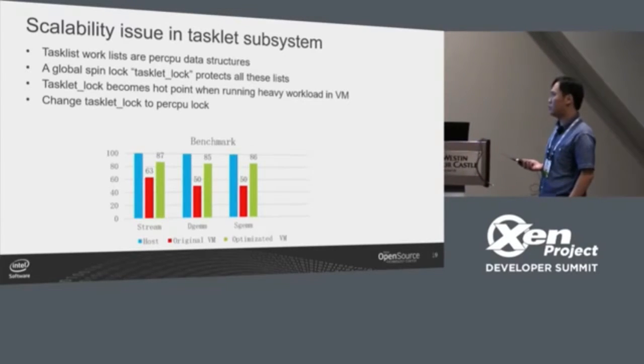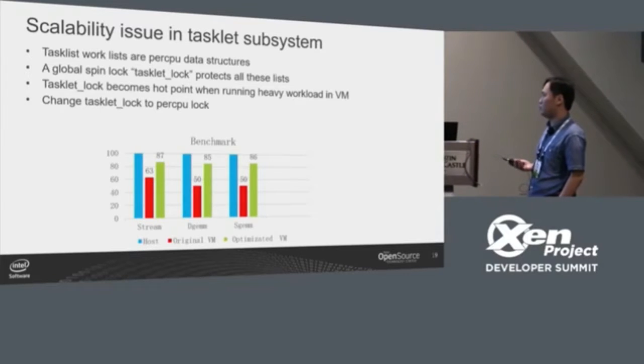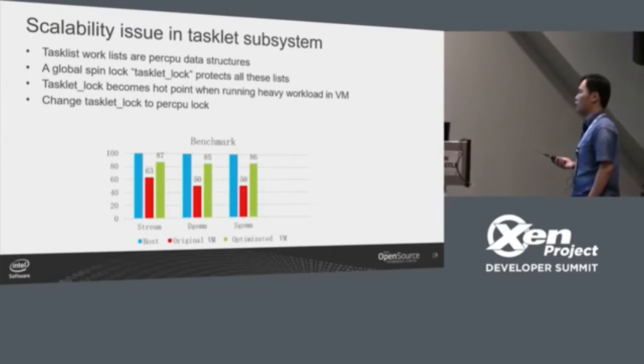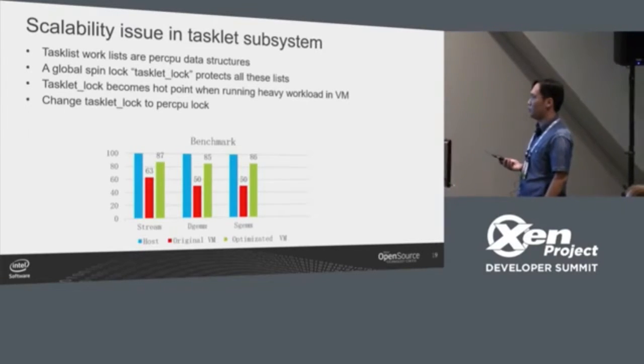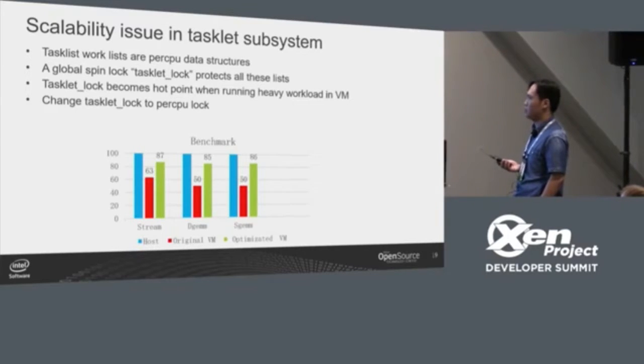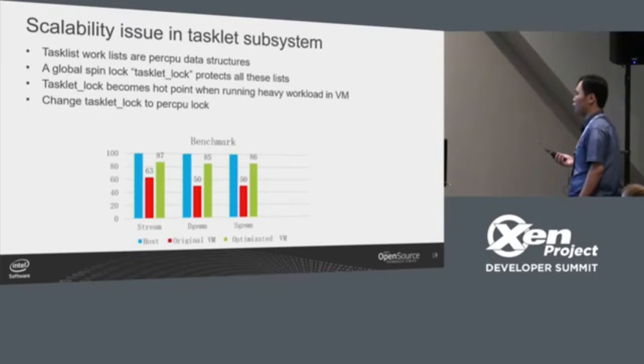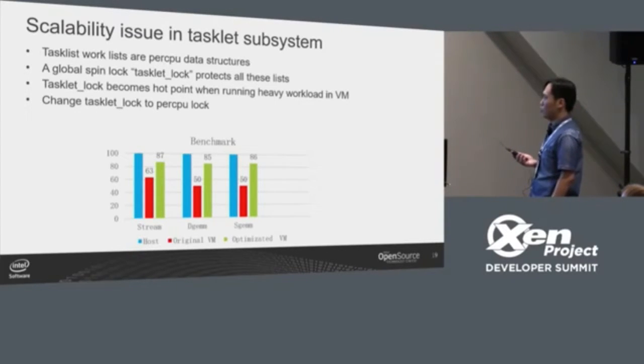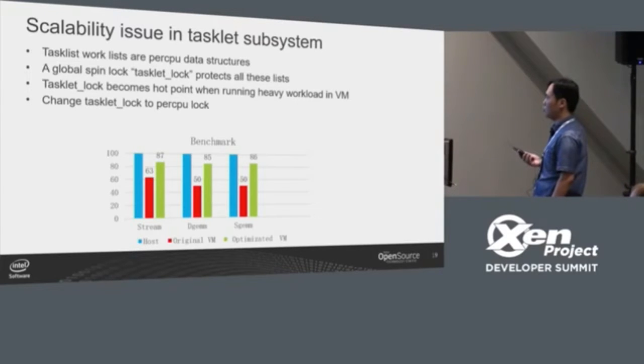We test the performance in the VM via three kinds of benchmarks. Stream is a benchmark to test the memory bandwidth. We test MCDRAM bandwidth via this benchmark. And DGEMM and SGEMM are for the floating point computation capabilities.